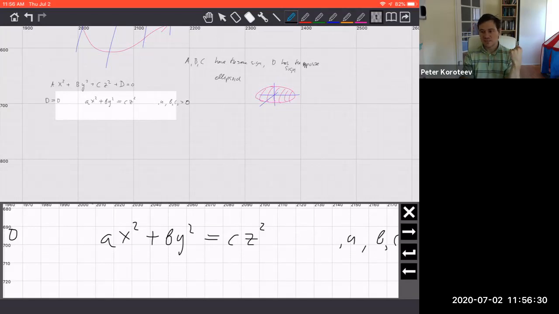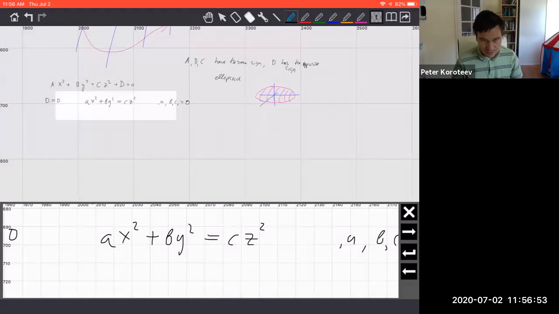Slice perpendicular to the x or y axis gives a hyperbola. Very good. Slice perpendicular to the axis gives an ellipse, that's right, of course.